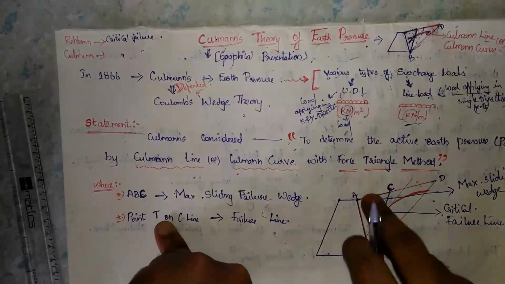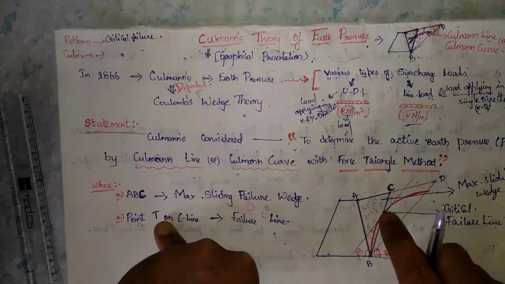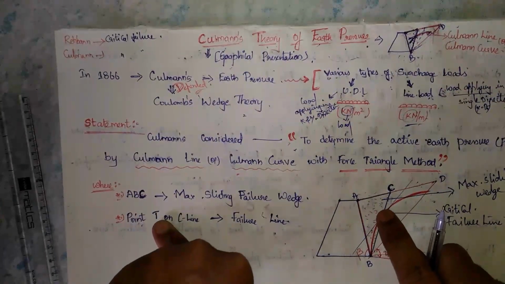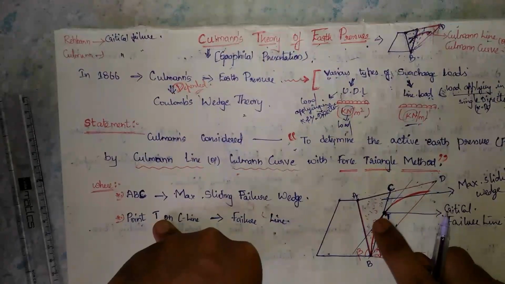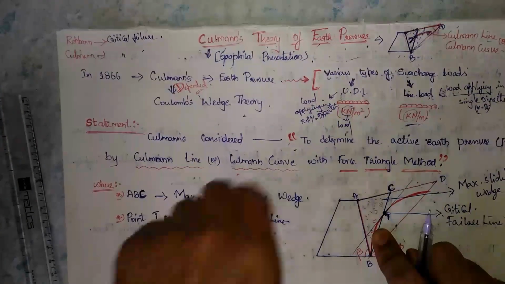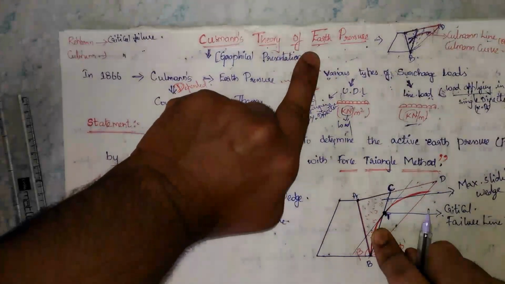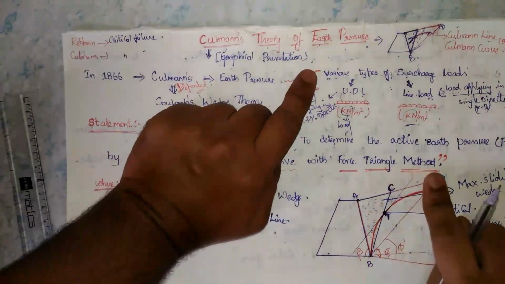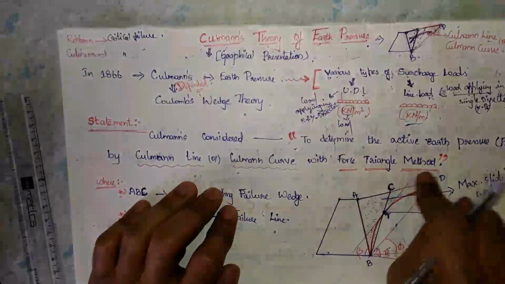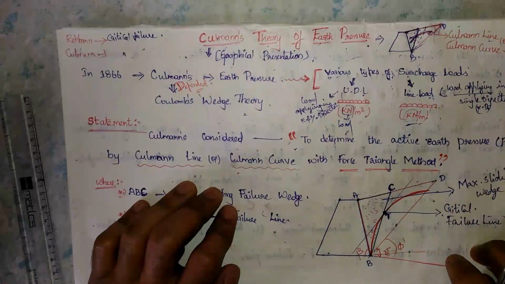Using these maximum sliding forces, he derived the earth pressure by taking the force triangle method, which we know.